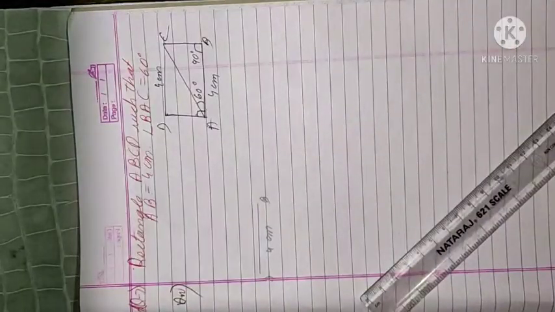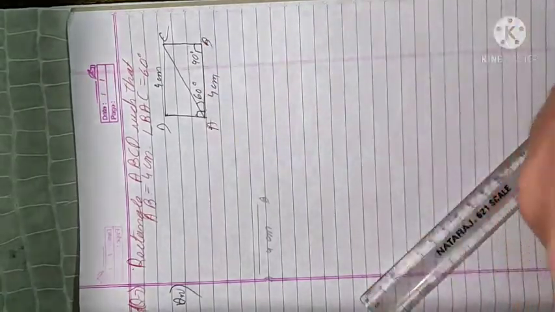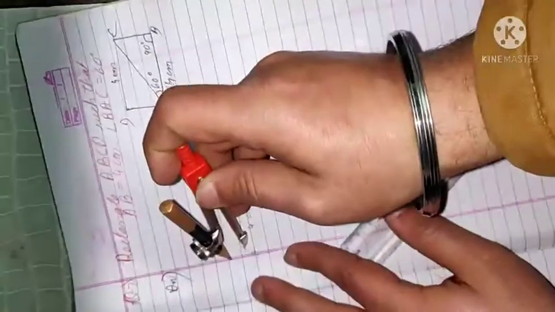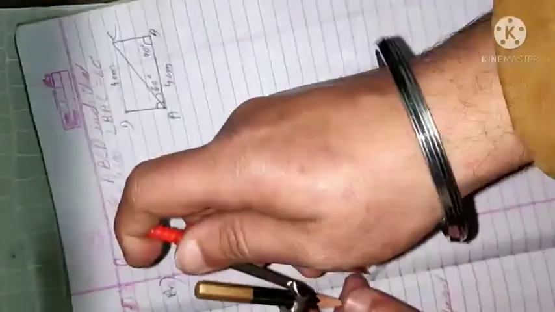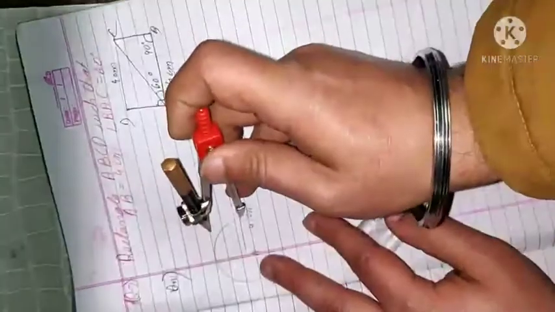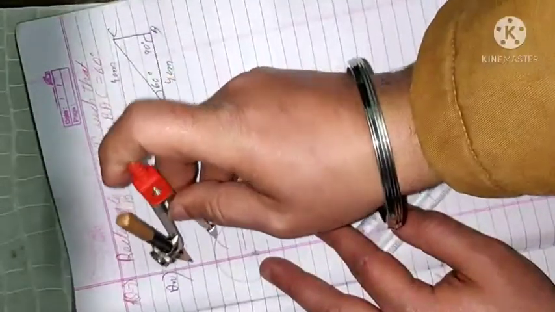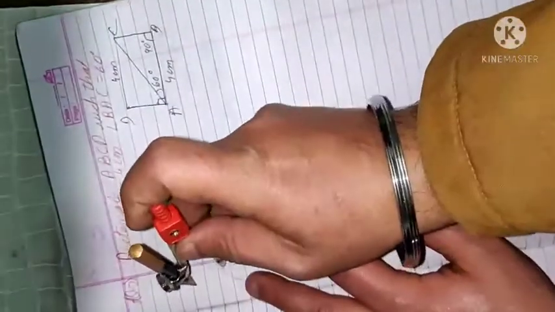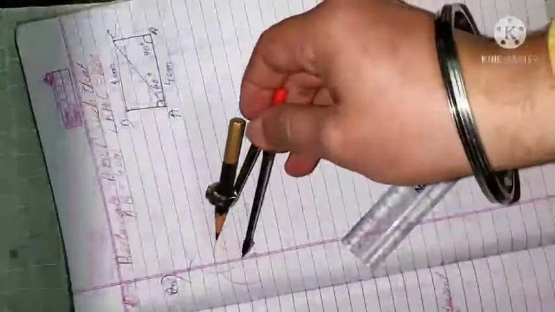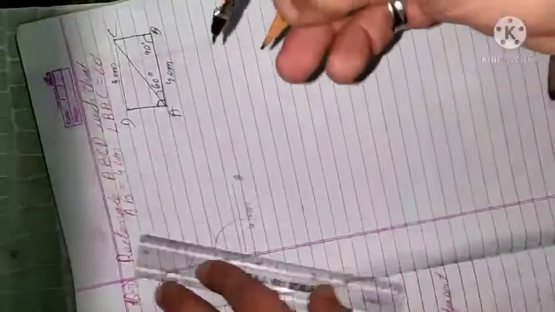Now we will make 60 degree at A. This is our 60. We also have a 90 degree line at A. We will also make a 90 degree here. This is for 60 degree and this is for 90 degree. So we will construct this.